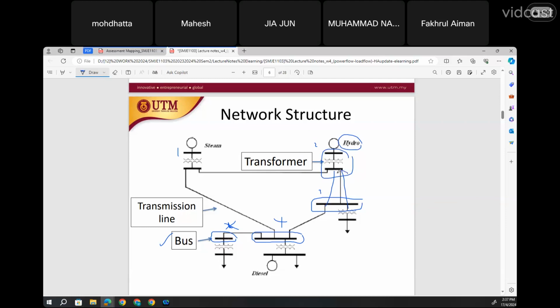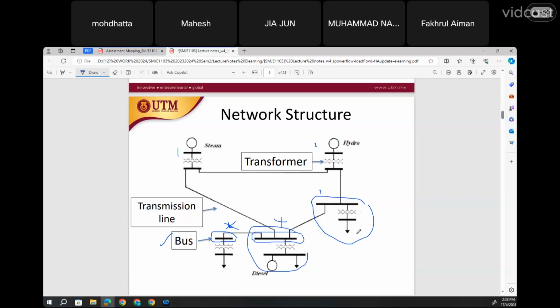So the one that you see over here is basically the transmission line connecting from the source to the load that we have. Maybe this is not the final load, because you see here we have a transformer. Maybe this is a substation, and this substation is also connected to another substation over here.